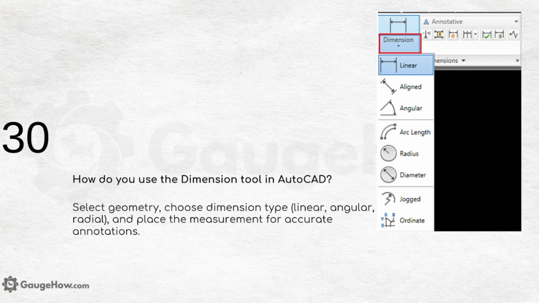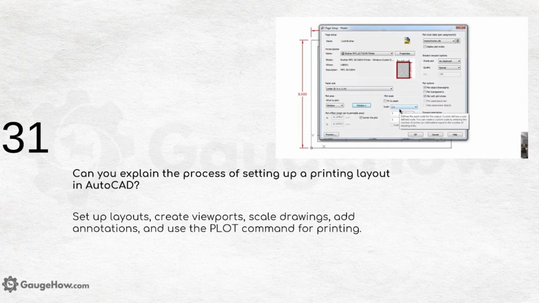How do you use the dimension tool in AutoCAD? Again, very simple. Select the geometry, choose dimension type, that is linear, angular, radial, and place the measurement for accurate annotations. Can you explain the process of setting up a printing layout in CAD?